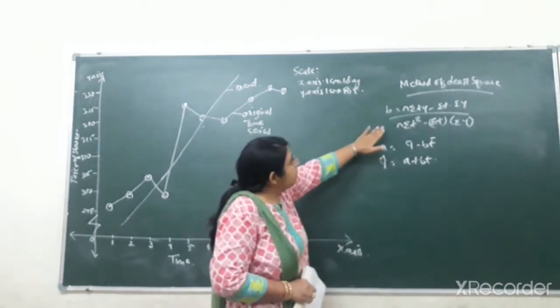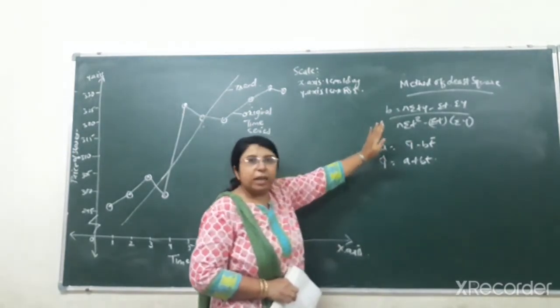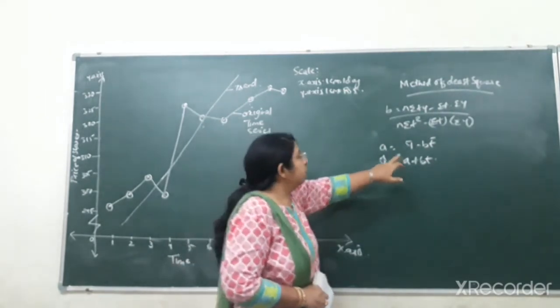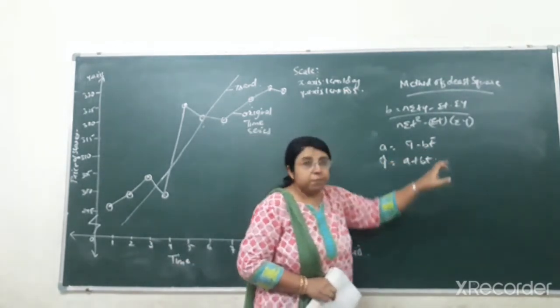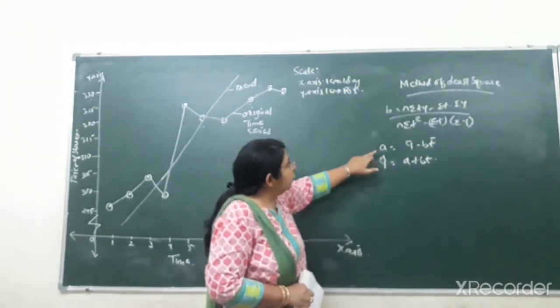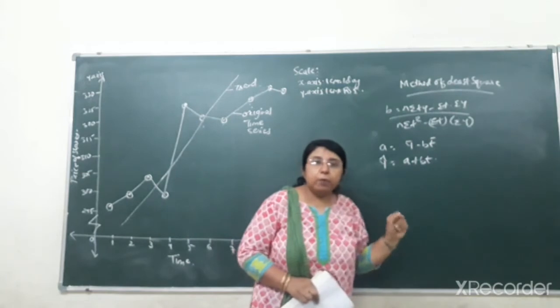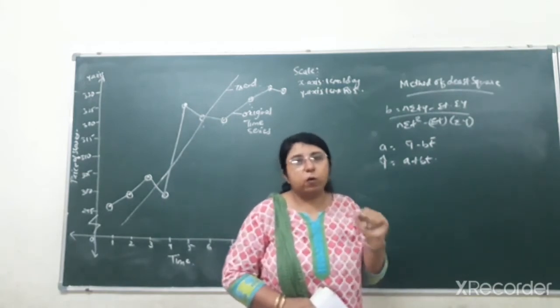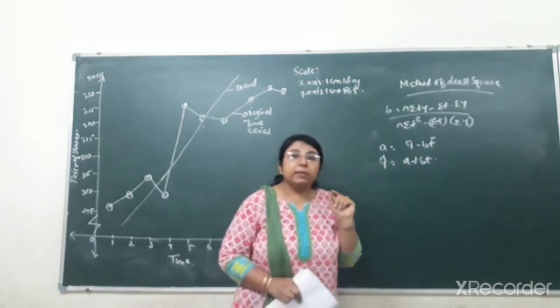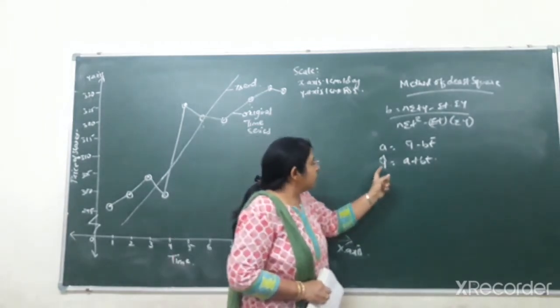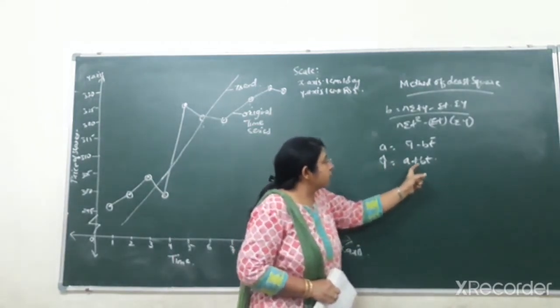Okay, after applying this formula and finding the value of b, you have to find the value of a. Now how to find the value of a? That is y bar minus b t bar. Okay, after finding the value of a and b, you have to find y cap. Now what is y cap? I have already explained in the chapter of linear regression that it is the estimated value of y, that is y cap. So the estimated value of y is equal to a plus bt.